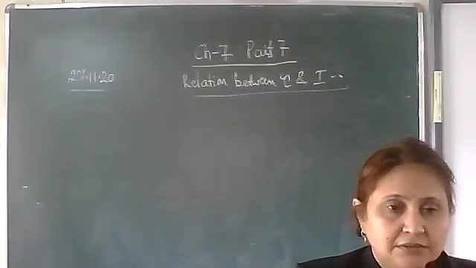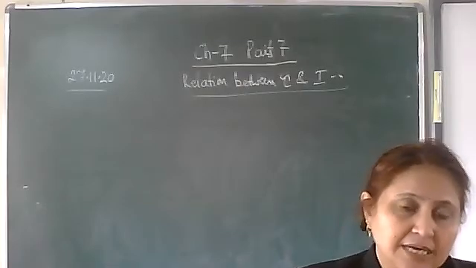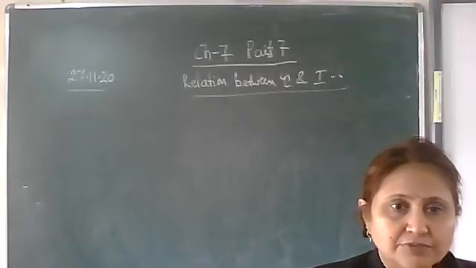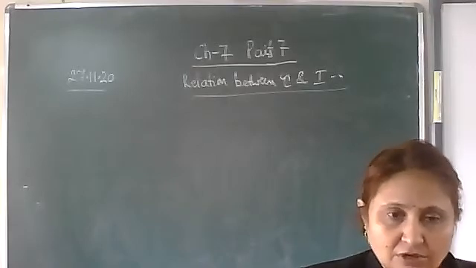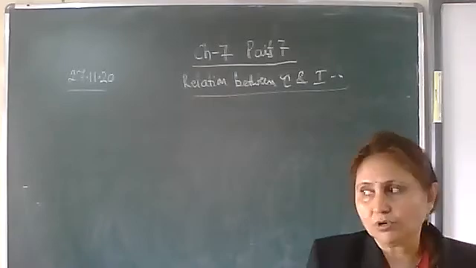We know that torque is equal to force into the perpendicular distance, and there are a number of particles in a rigid body. So the total torque will be equal to the torque experienced by the first particle plus the second particle, and so on.